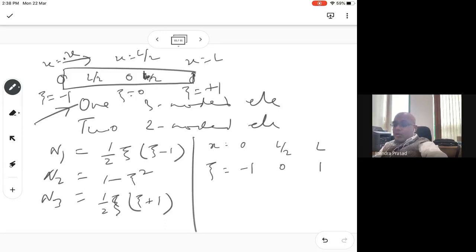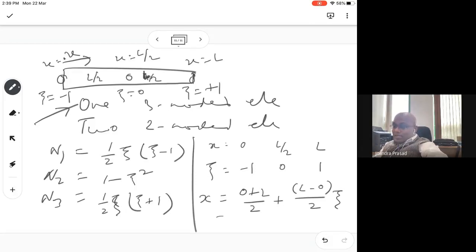So you can interpolate accordingly. You can also write x equals 0 plus L over 2 plus (L minus 0) over 2 times xi, right? As we studied in the Gauss quadrature formula, the same thing you can use here directly also.